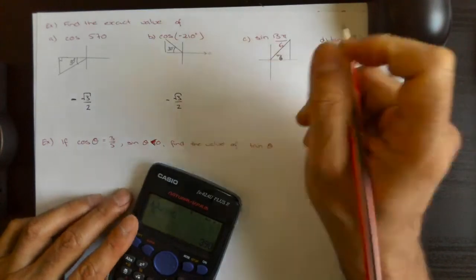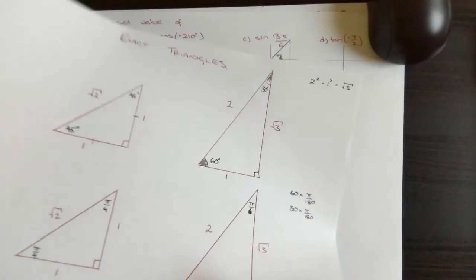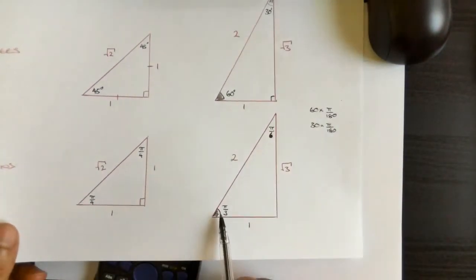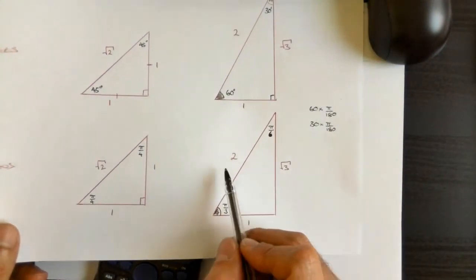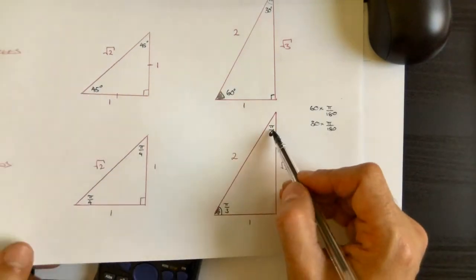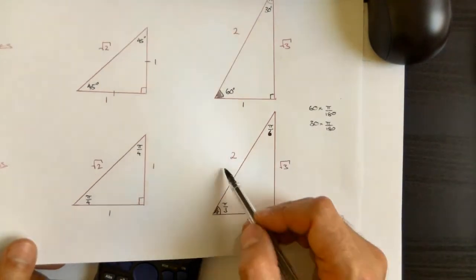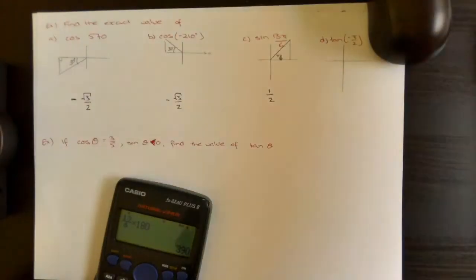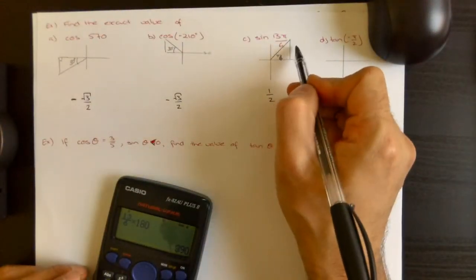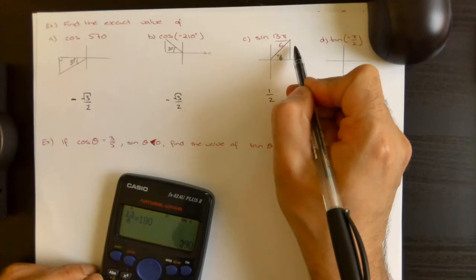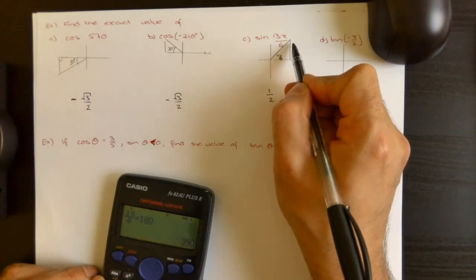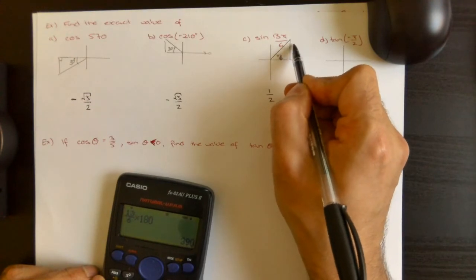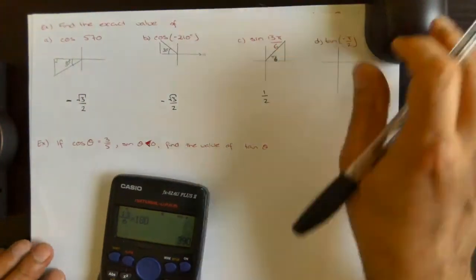And I want the sine of that. So sine of pi on 6 is the opposite over the hypotenuse. Pi on 6 is here, so the opposite is 1 over the hypotenuse. So it's going to be a half. Sine is positive because all trig ratios are positive in this quadrant. So that's the solution for that one.